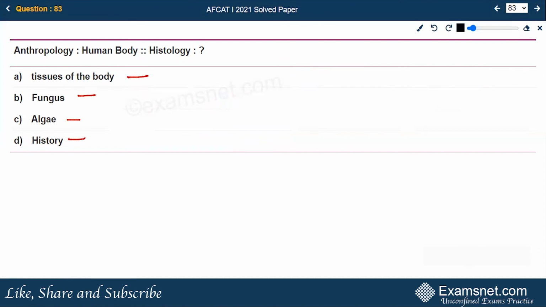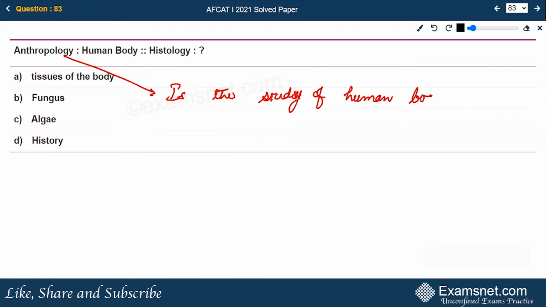First of all, anthropology is the study of the human body. And histology is the study of the tissues of the human body.